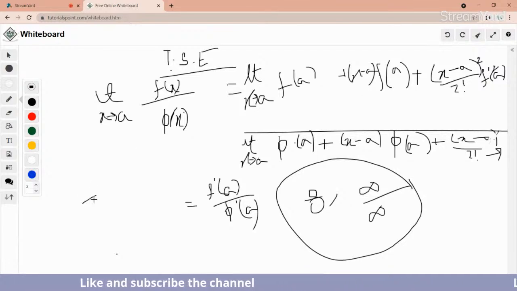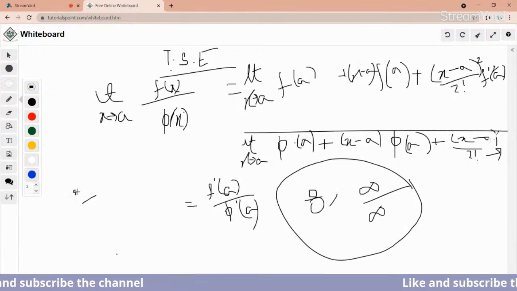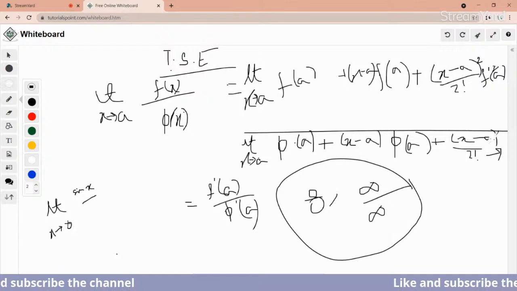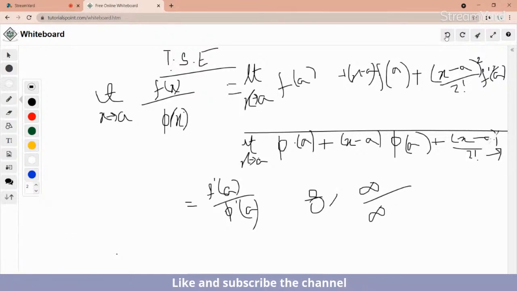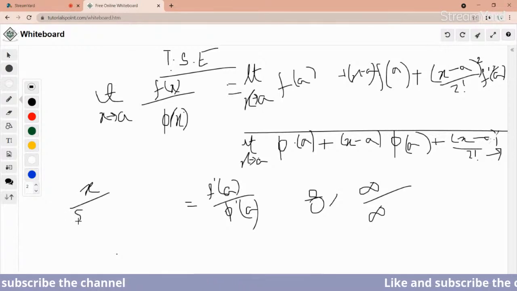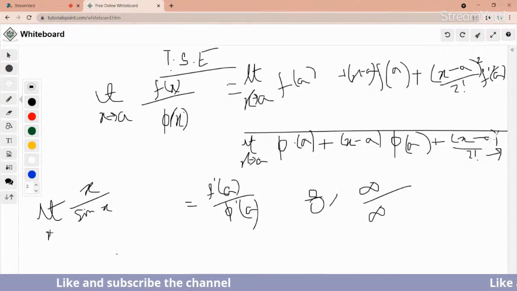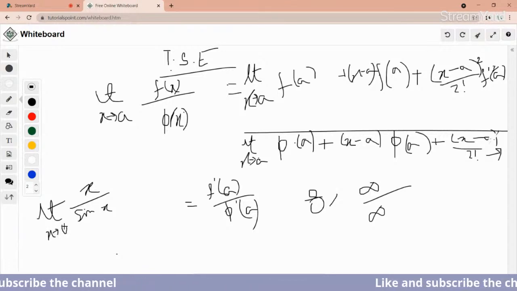Like, suppose limit x tends to 0 of x by sin x.